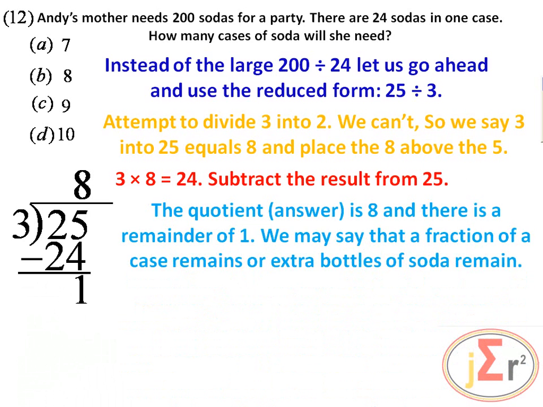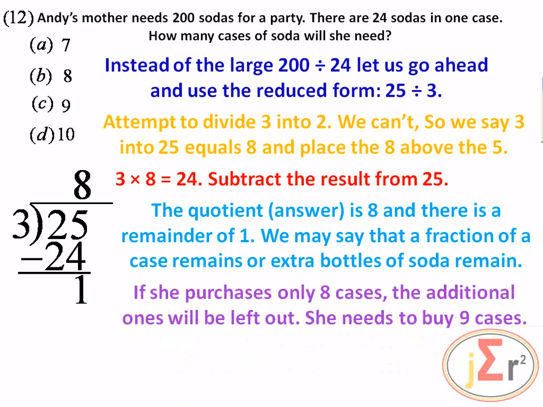The quotient, which is the answer, is 8. As Jerry said, 8. And he's contending that it is option B. But I do not say that it is option B. I say that the quotient is 8. And there is a remainder of 1. But Jerry is very surprised that I am not choosing 8 as my answer. We may say that a fraction of a case remains, or extra bottles of soda remain. So we know that they are extras, right?